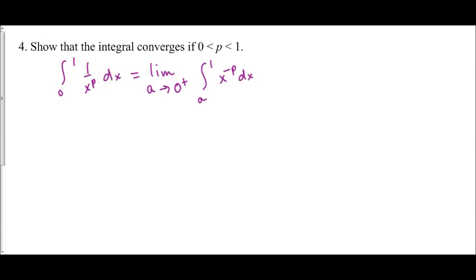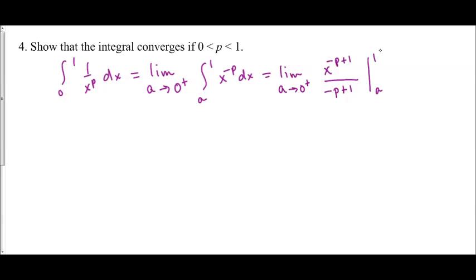And we can find the antiderivative of this, and we're going to have the limit as a goes to 0 from the positive side of x to the negative p plus 1 divided by negative p plus 1, evaluated from a to 1.